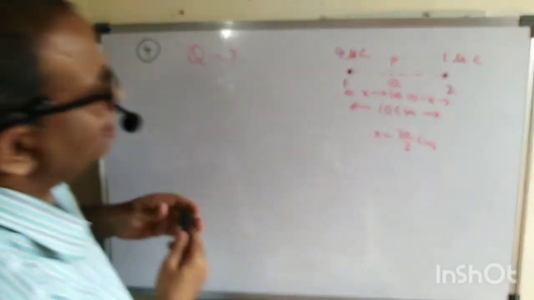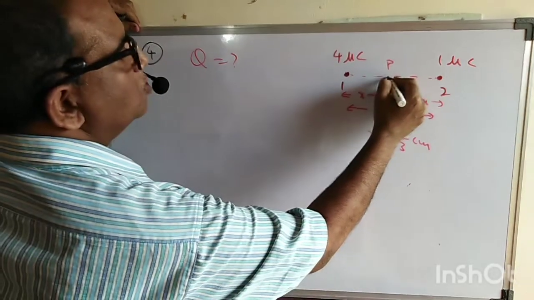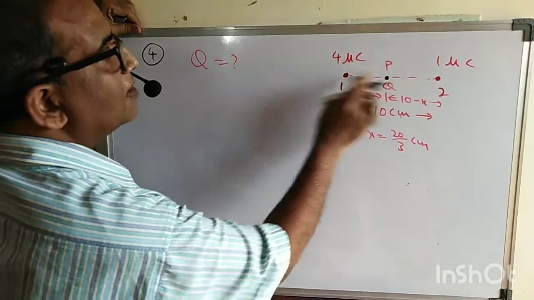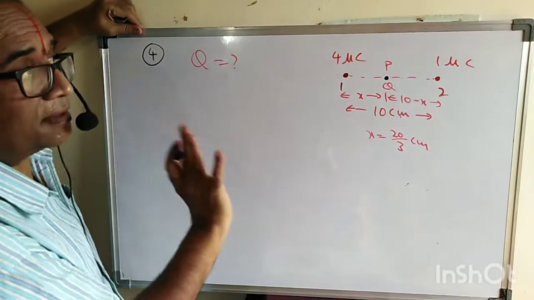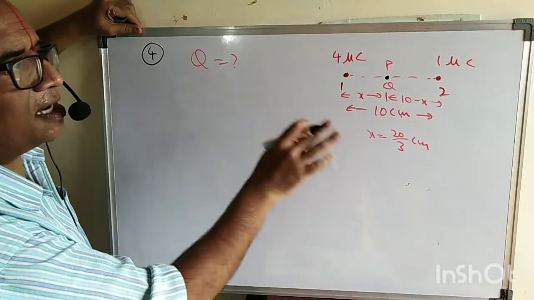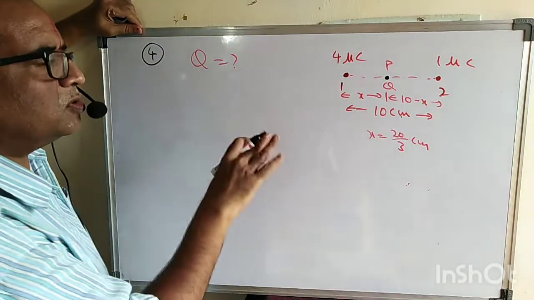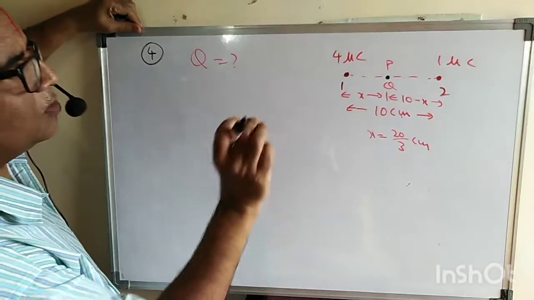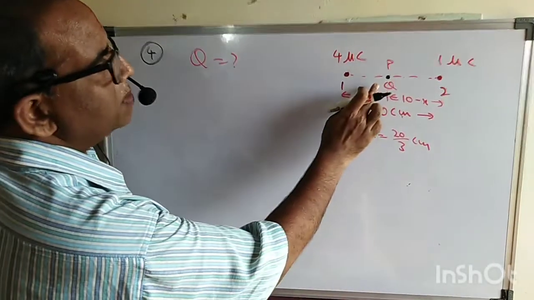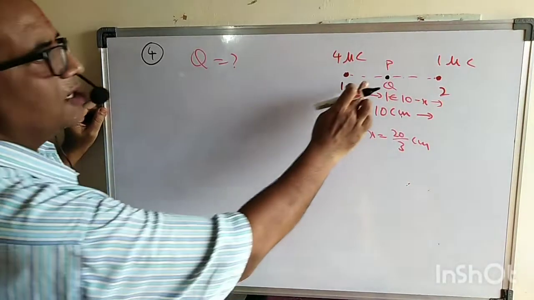See, observe here carefully. Then what will we do? On q also force is acting, on 4 and 1 also force is acting, but they are in equilibrium, they are not moving. Due to this force, they are not moving here. Now, for them not to move, at the same time they should stay in equilibrium. Then definitely this must be negative here. If it is negative, then what will happen?